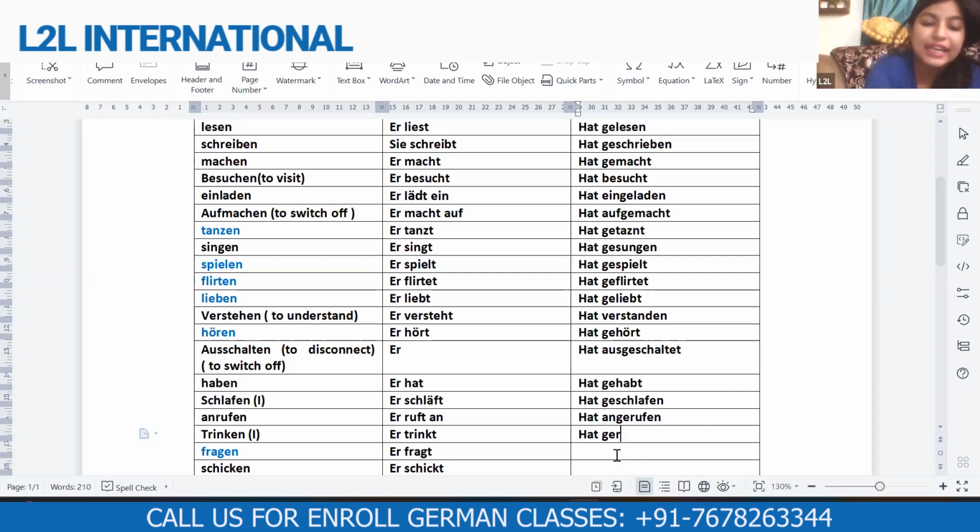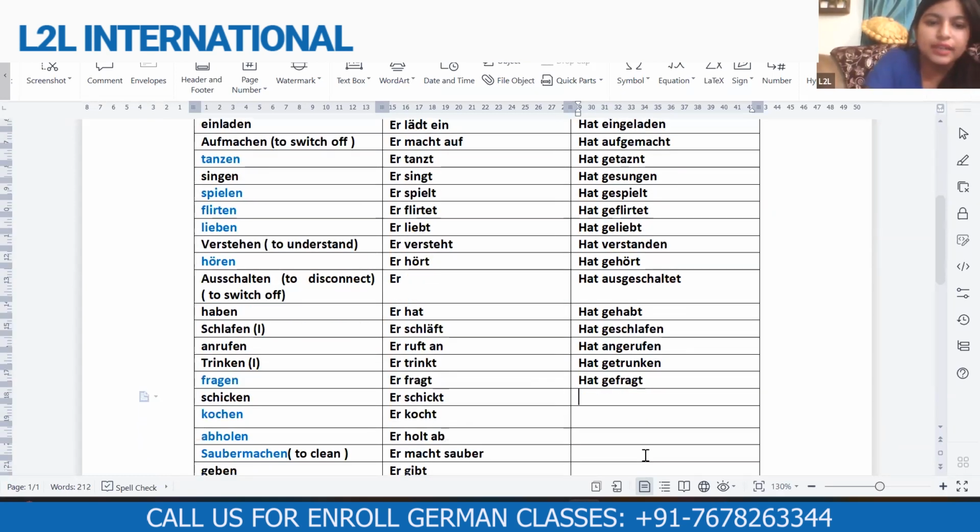So it is hat getrunken. Change of vowel. Fragen, Sana. Hat gefragt. Sehr gut. Schicken is hat geschickt. Oh, I could have given that as well. Hat geschickt.